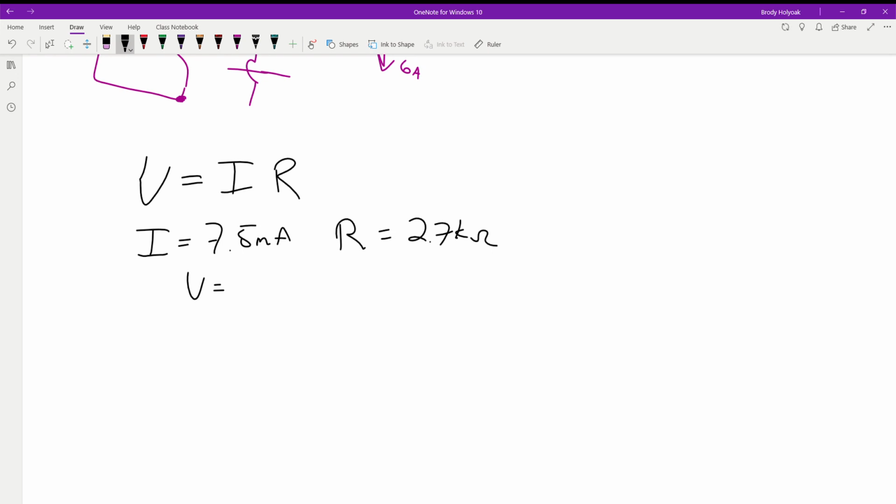How do we put this in there? 7.5 milliamps multiplied by 2.7 kiloohms. Like I said, this is as simple an equation as we can get. So what comes up to be our answer? 20.25 volts.